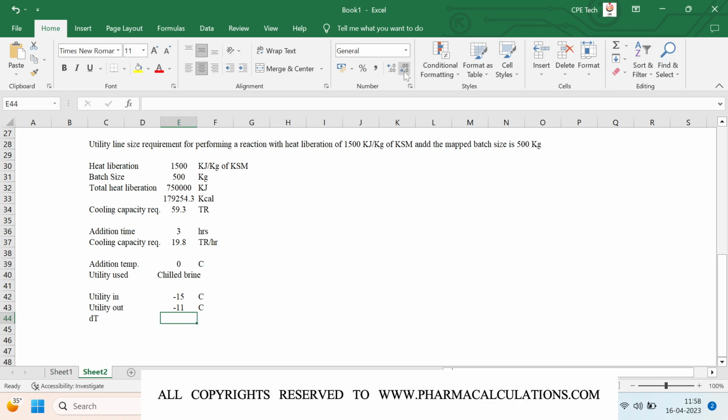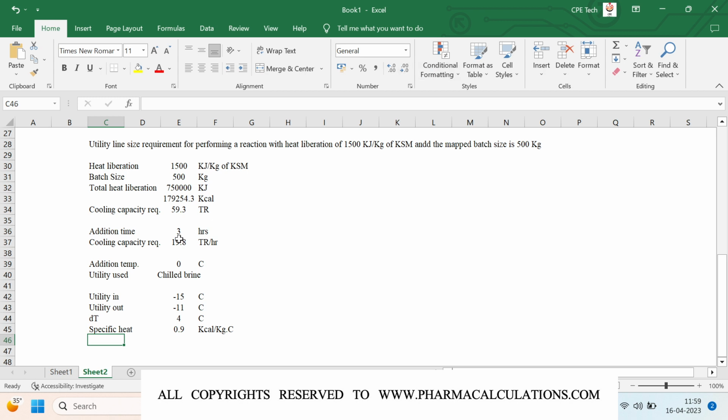So the delta T equals 4 degrees here. And the specific heat of chilled brine is, let's say, approx 0.9 kilocalorie per kg degree centigrade. And now we need to perform the energy balance.